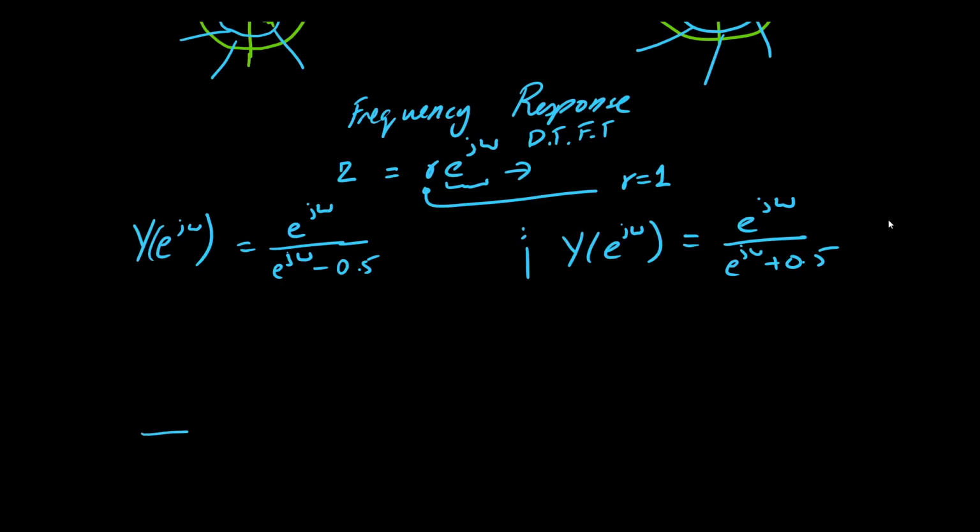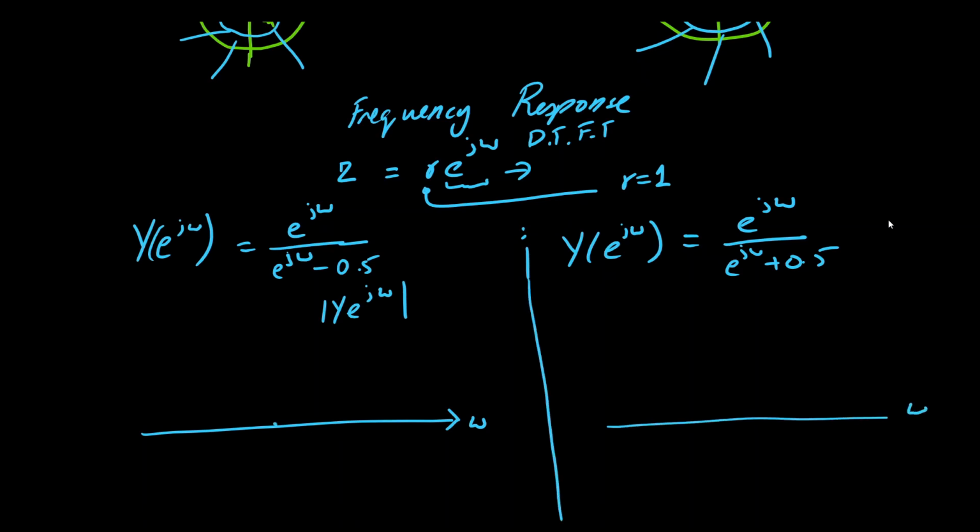So in terms of the magnitude response, that is, we are interested in the magnitude of Y(e^{j omega}) for both the cases. So this is 0, and we mentioned that from minus pi to pi is all that we need, and after that the response would be repeating itself.